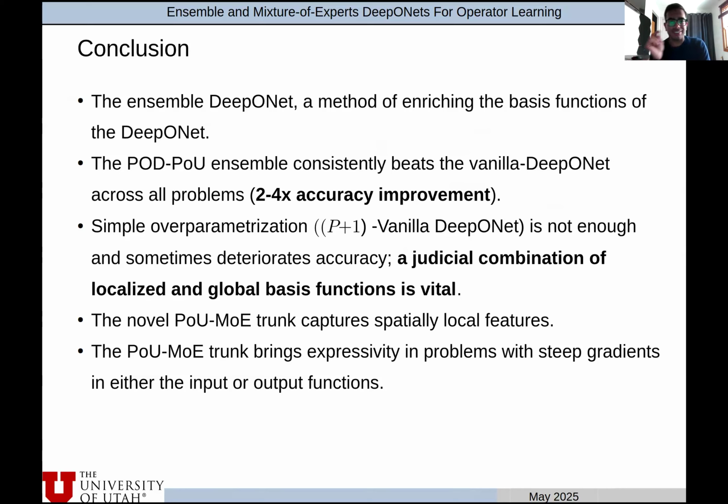But with DeepONets, the trunk neural network is clearly a set of basis functions. The POD-POU ensemble in this work consistently outperforms the other models. And as I just mentioned, it is a judicious combination of local and global basis functions that is vital for many interesting problems.